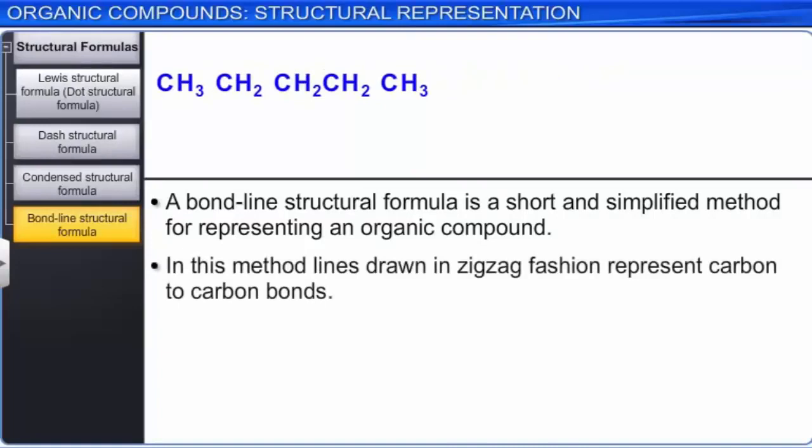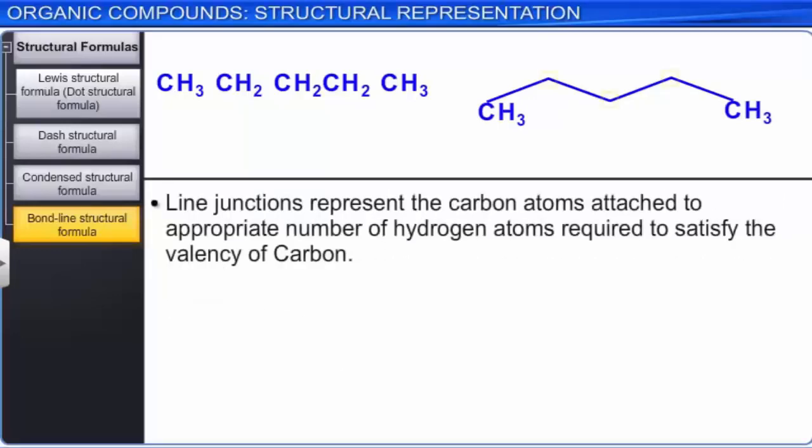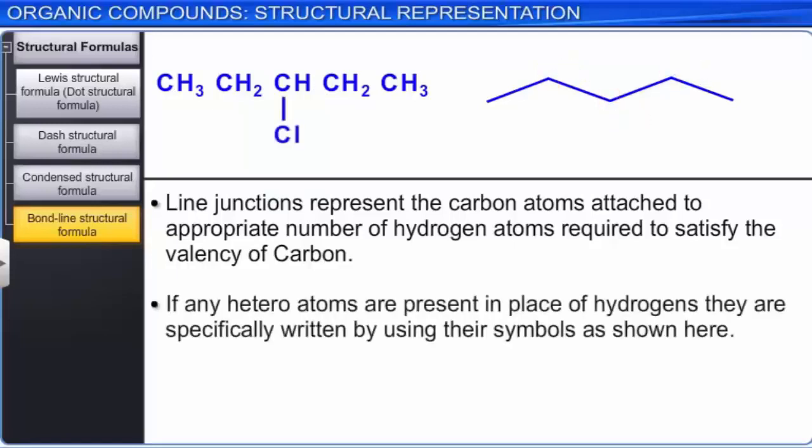In this method, lines drawn in zigzag fashion represent carbon-to-carbon bonds, and line terminals generally represent methyl groups if they don't have a functional group, whereas the line junctions represent the carbon atoms attached to appropriate number of hydrogen atoms required to satisfy the valency of carbon. If any heteroatoms are present in place of hydrogens, they are specifically written by using their symbols as shown here.